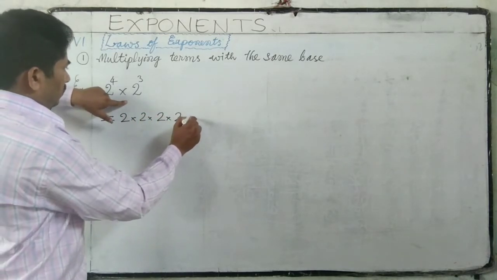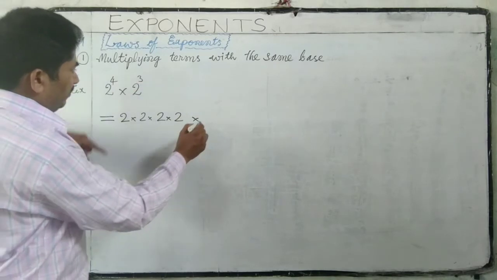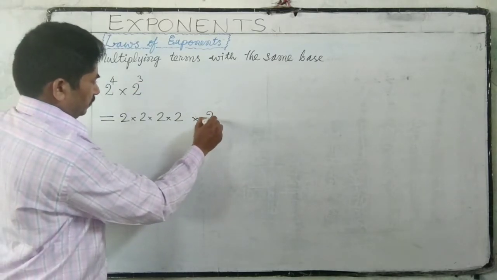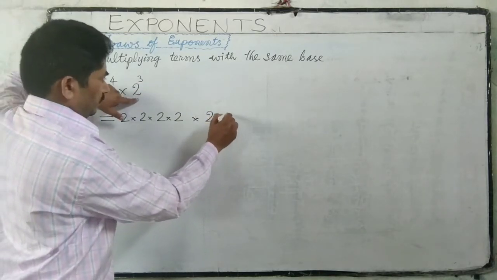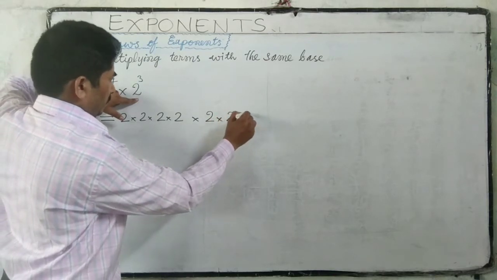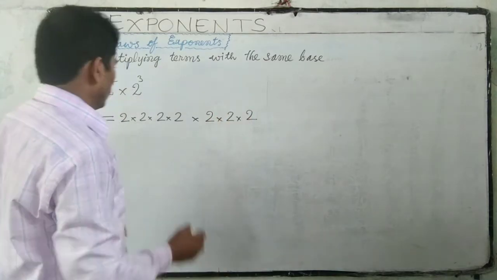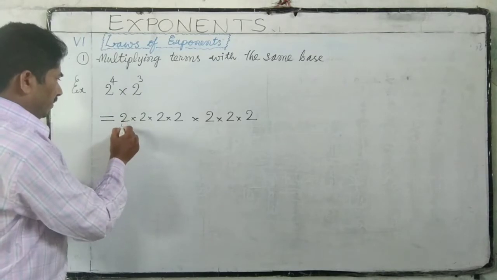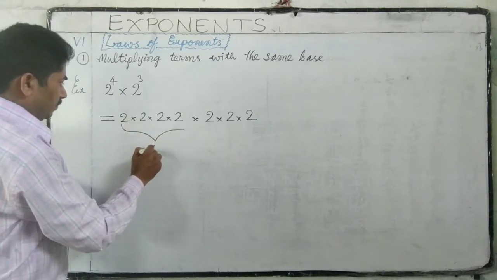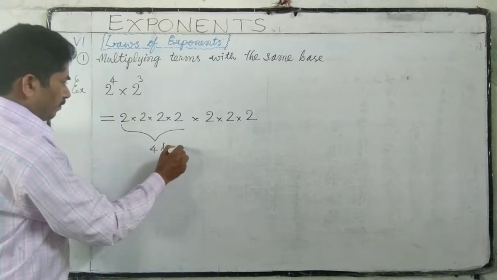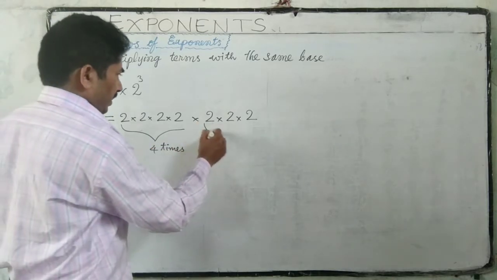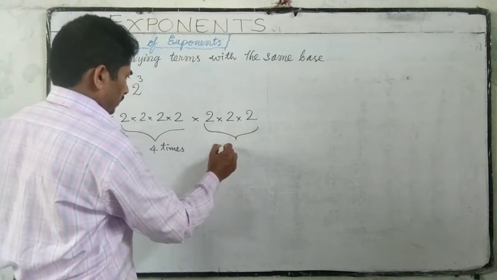and 2 to the power of 3, 3 times. Here we have written 4 times. Here we have written 3 times.